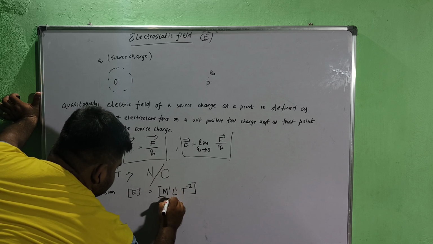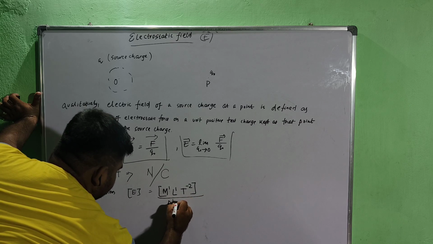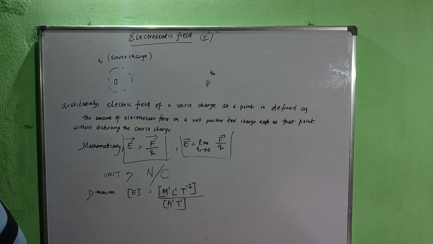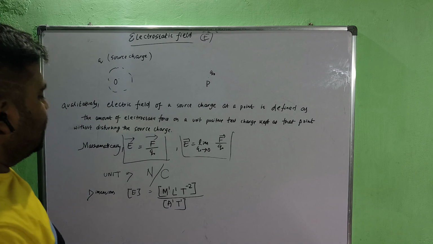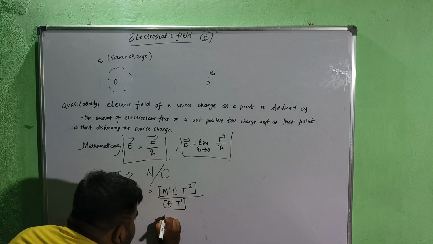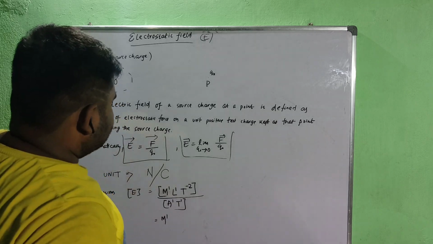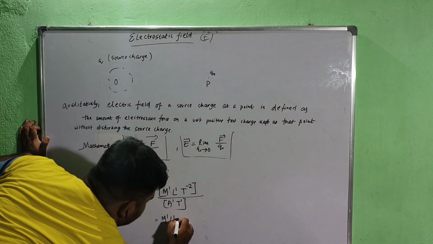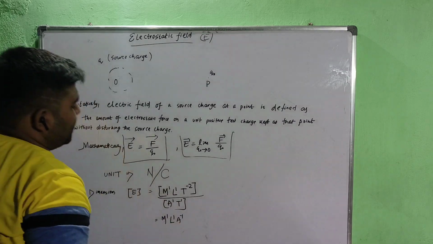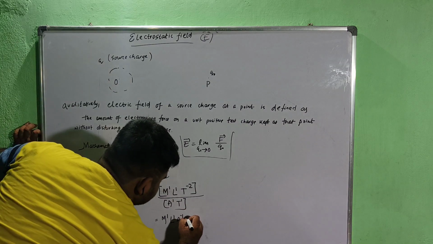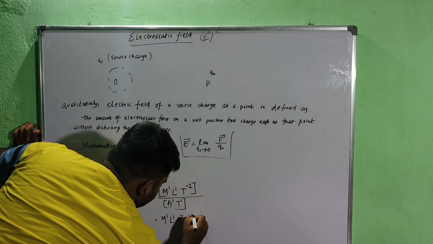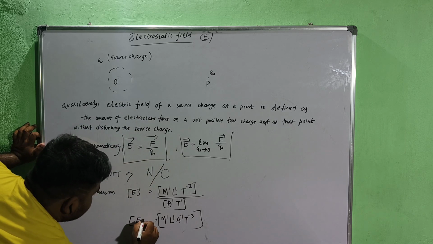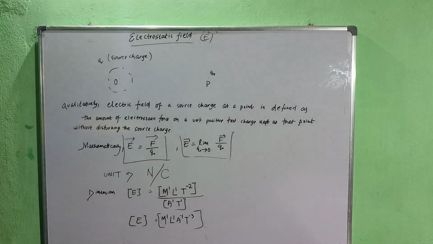And what are the dimensions of charge? A1 T1. As you know, we can algebraically add them. M stays like this, M1, L stays like this, L1, A goes above, comes A to the power minus 1, T becomes minus 2 minus 1, that is minus 3. These are the dimensions of electric field.